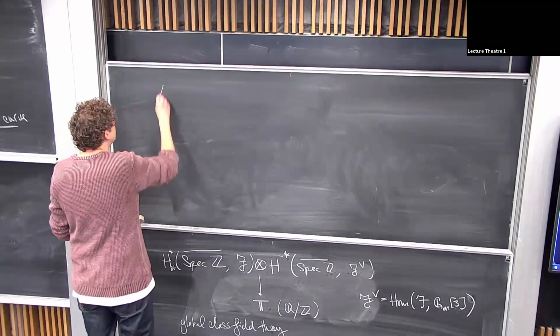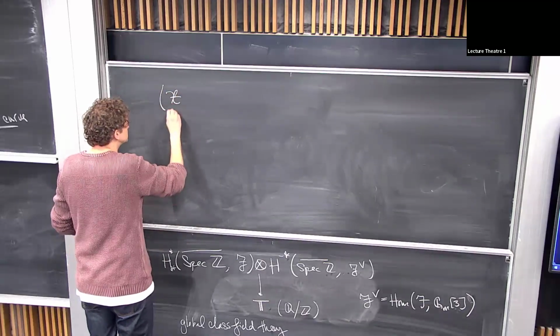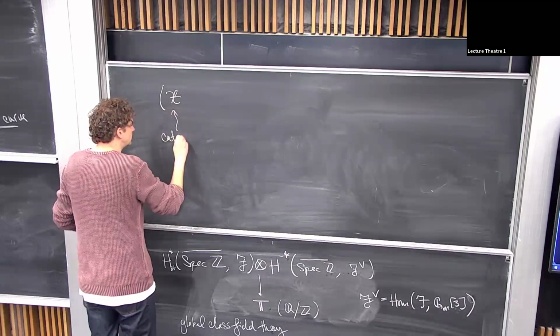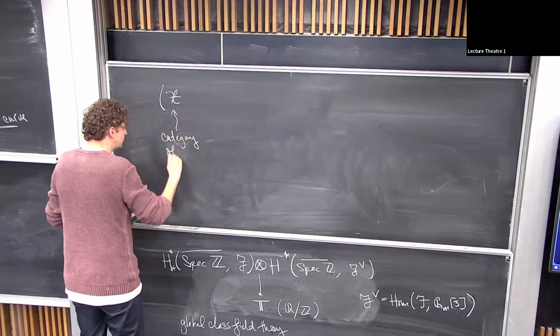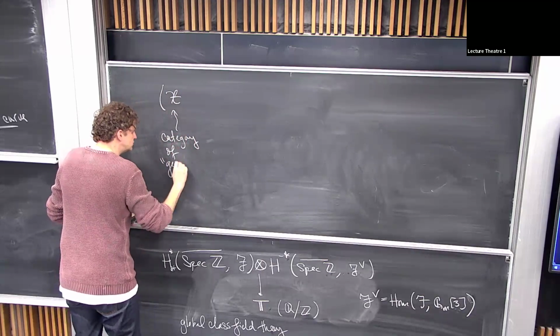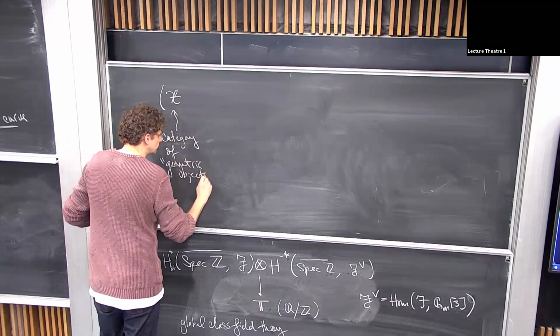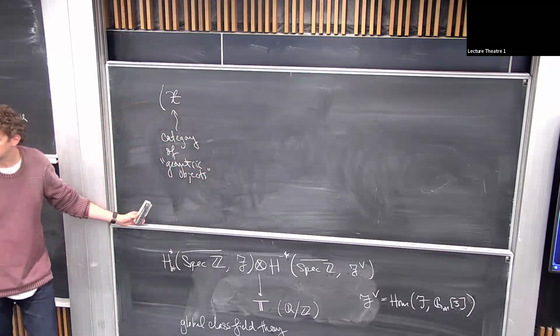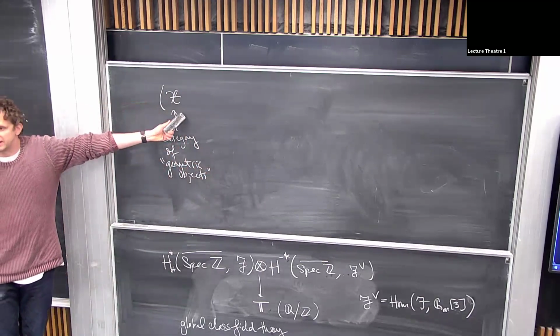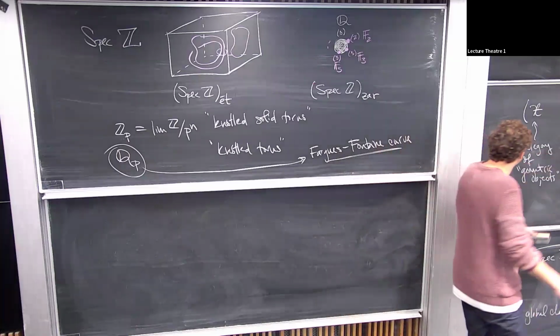You have some category of, I'm just going to put this in quotes, geometric objects. And then for each object of this category, you have an associated sheaf theory. You have an associated category of sheaves that you can talk about.